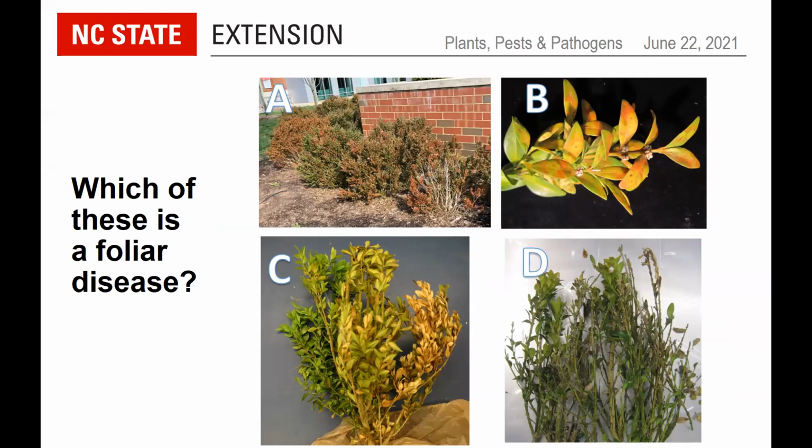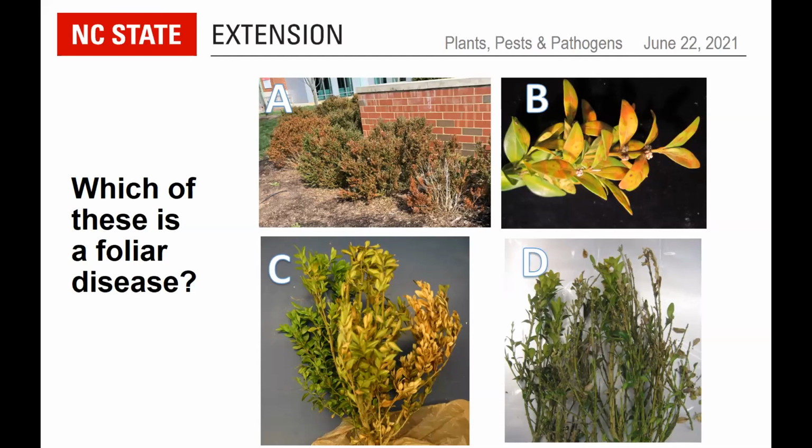Well, let's go through these and see what the answers really were. A turns out to be damage from lesion nematodes in the roots. Those boxwoods are at a garden at the vet school here on campus, and they had very high populations of lesion nematodes in the soil, damaging the roots.